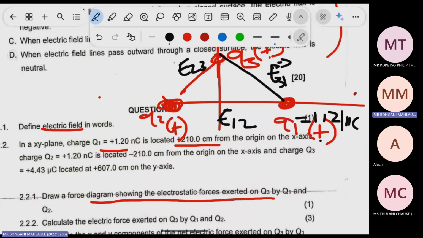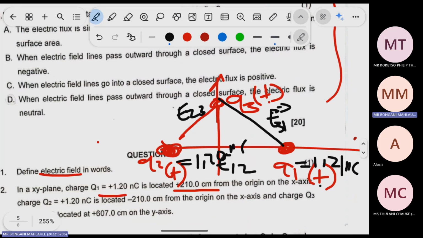Q2, they all have the same charges if you check. And this one will be 12. So they are going to repel each other, right? 13.